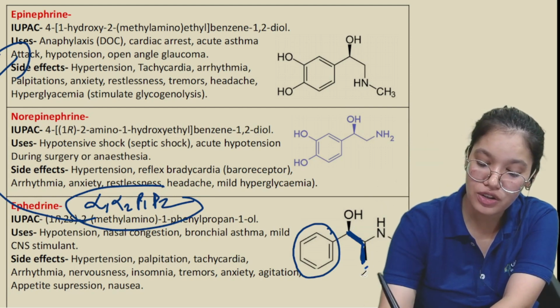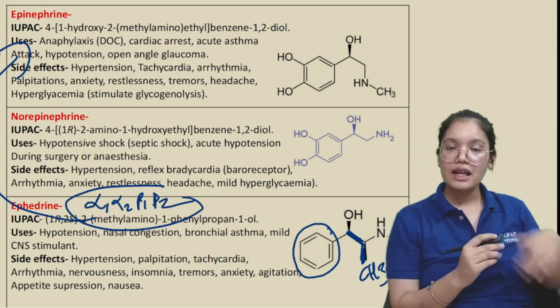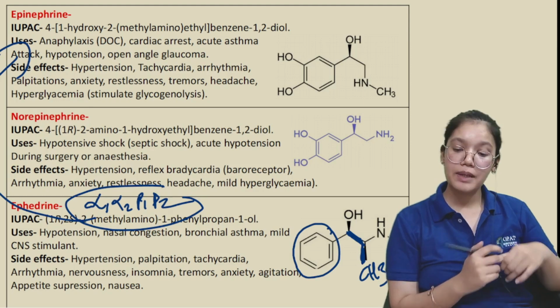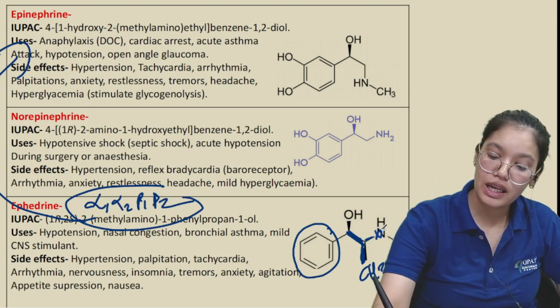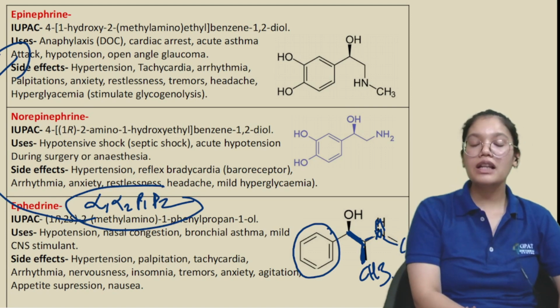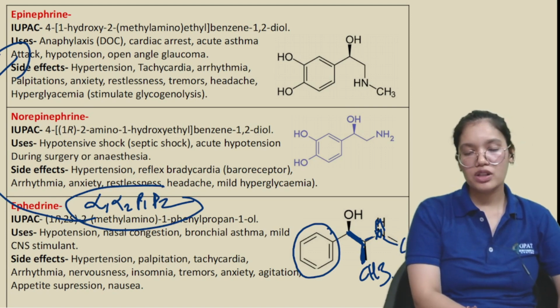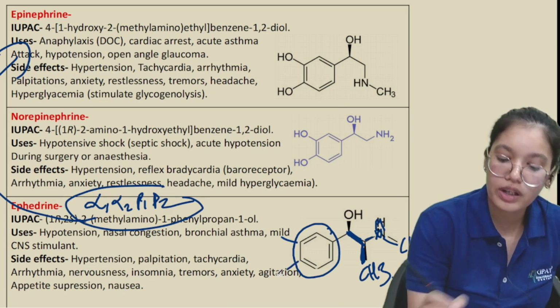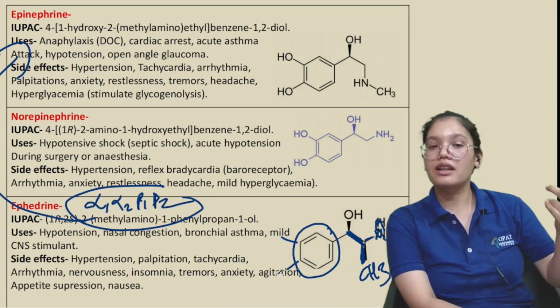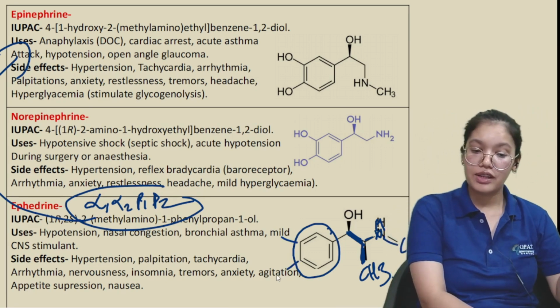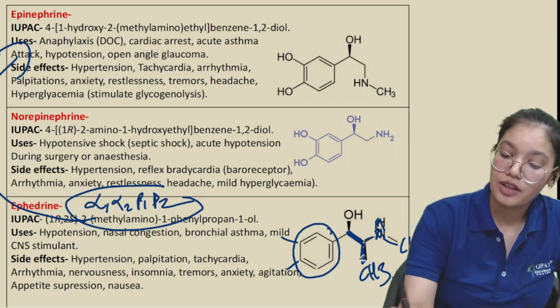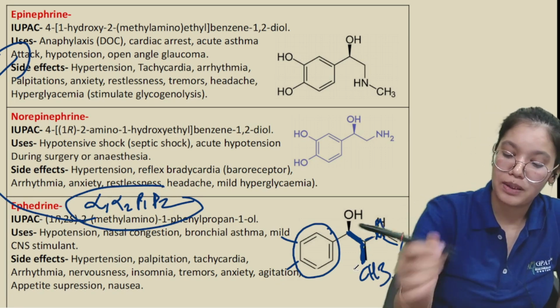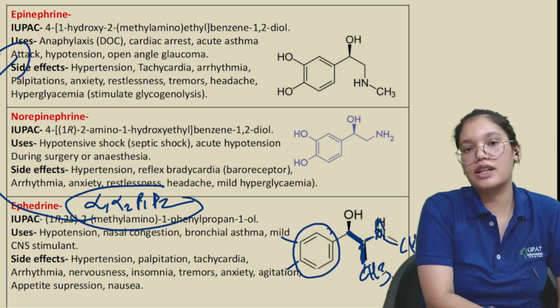Then we have an extra CH3 group at the alpha carbon, attached to the NH and CH3. The structure is similar to epinephrine, with minor differences: unlike epinephrine, we do not have a catechol ring here, and in epinephrine we do not have a CH3 at the alpha position, but here we do.